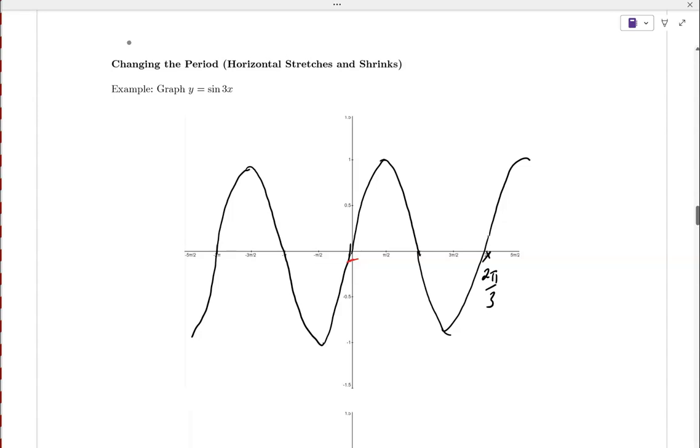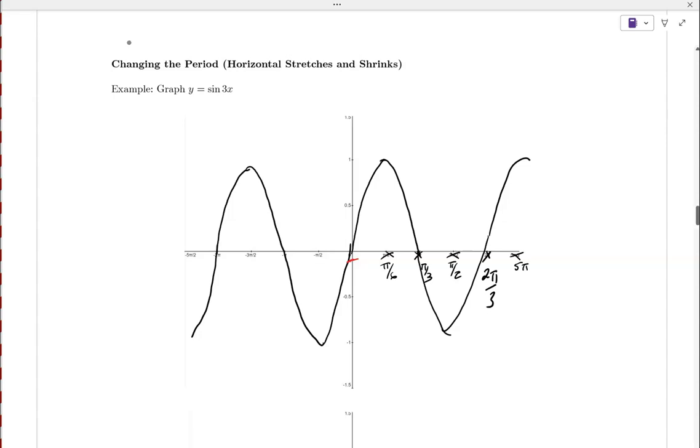Divide it by 3, multiply by a third. So instead of pi here in the middle, what should it be? Pi over 3. Here, divide this by 3, I get pi over 6. Divide that by 3, I get pi over 2.